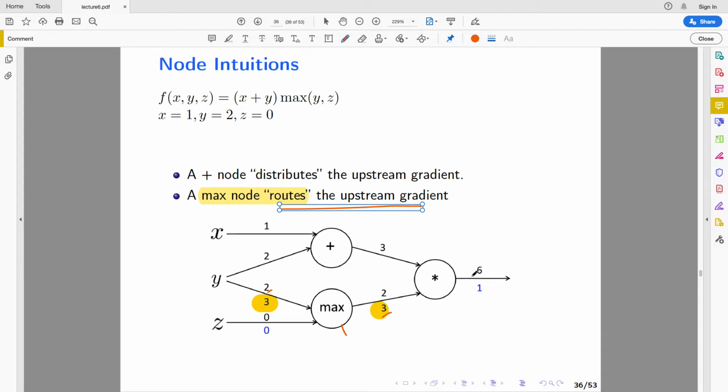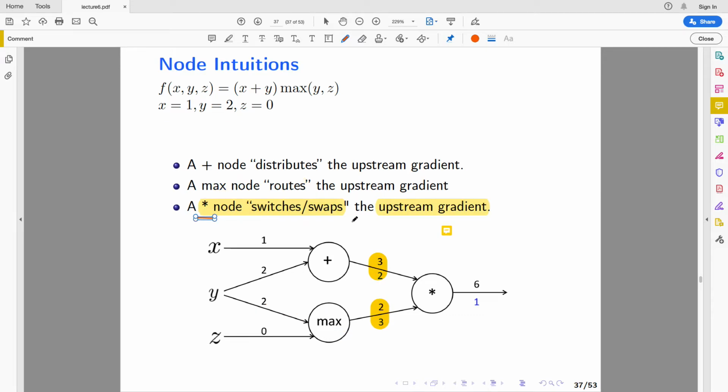By the time we did back propagation, this 3, which is the upstream value, is routed to the place that actually has the higher value, and the other is given 0. So this is routed just to the max of the 2 inputs.